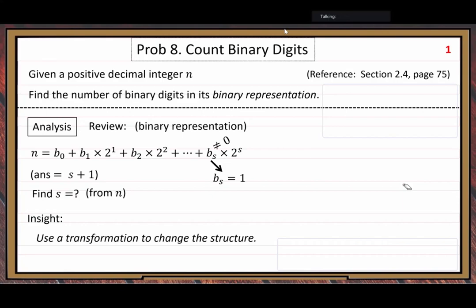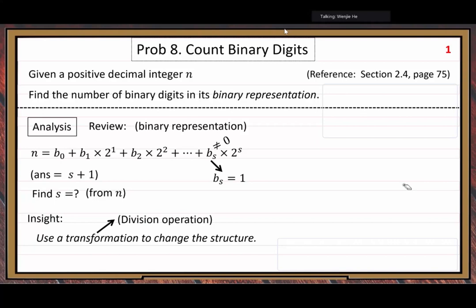To do that, you really need some problem-solving imagination. Here we need to apply a division operation to do the transformation, division by 2. The base number is 2.